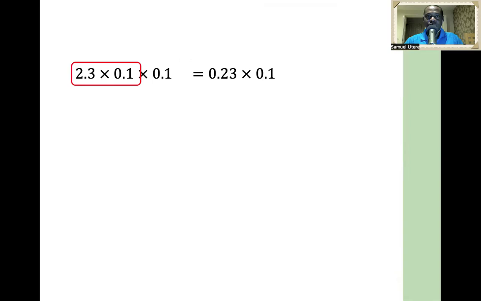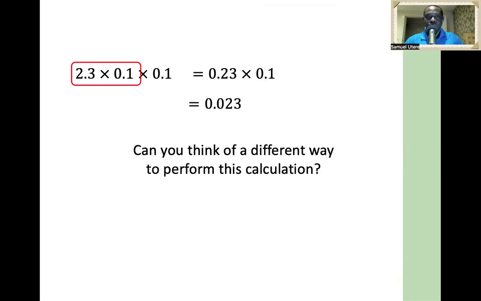Let's do 2.3 divided by 10. 2.3 divided by 10 will be 0.23. Remember, it's going to lose place value if we use that method we've been using, because I really want you to master it. Another way of thinking about this: this will now be 0.23 times 0.1, which will give us 0.023.